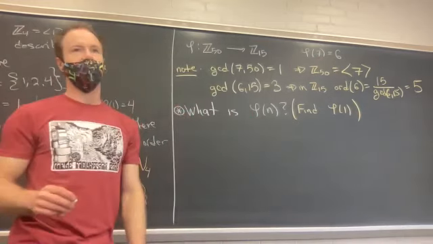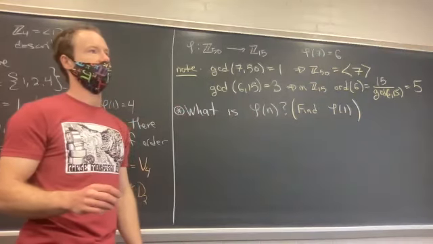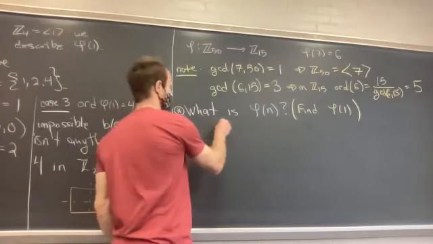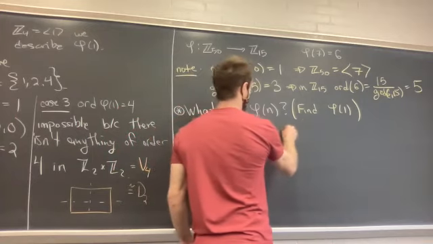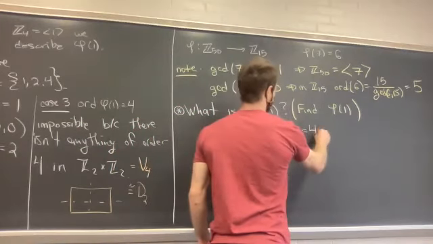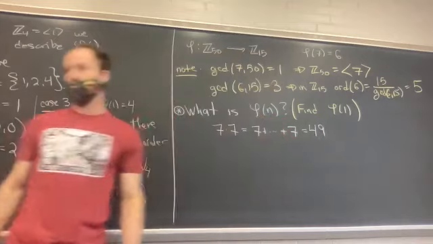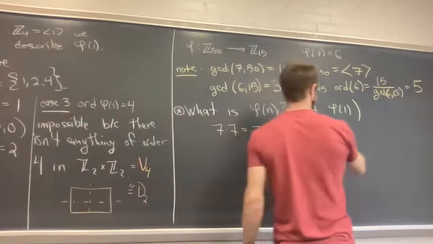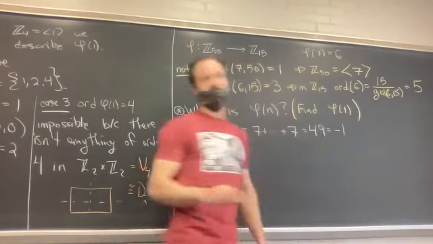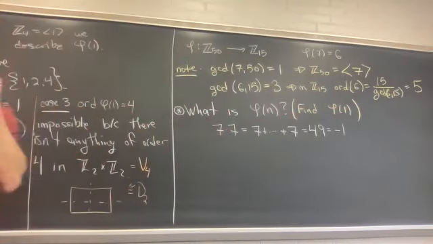We can calculate that real quick. So let's see. Notice that 7 times 7, which is 7 plus 7, 7 times, is 49, right? But 49 is equal to -1 in Z50.